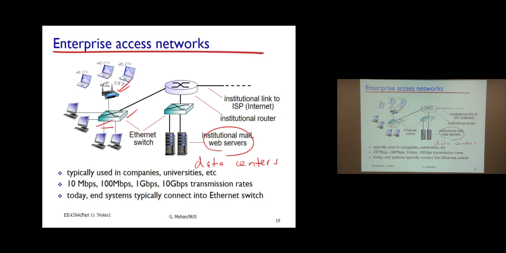So all our data and the required services come from the data centers. Usually these servers are connected by cables, not wireless means. So this part is different from our home network. Similarly, they have at least one router which is connected to the external service provider network.